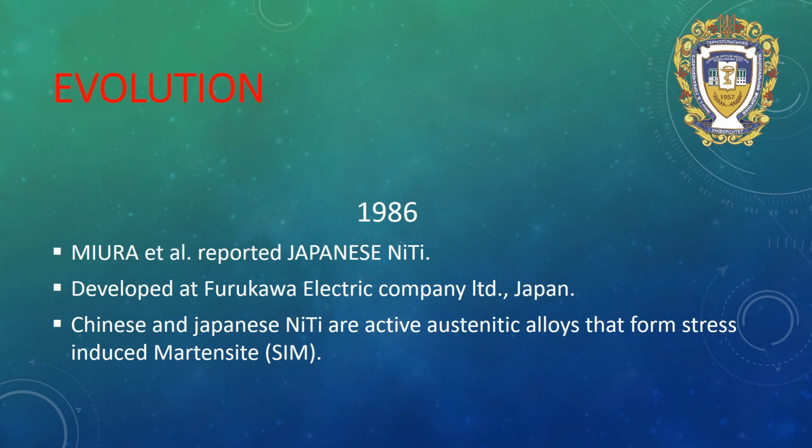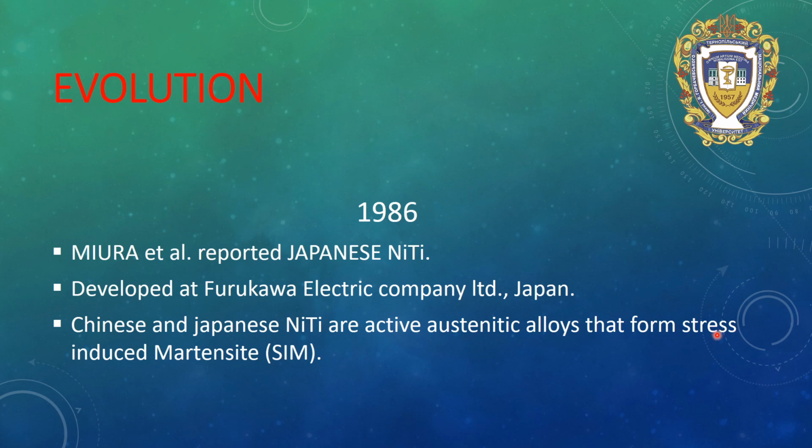In 1986, Miura reported Japanese NiTi. Developed at Fukuoka Electric Company, Japan, Chinese and Japanese NiTi are active austenitic alloys that form stress-induced martensite.